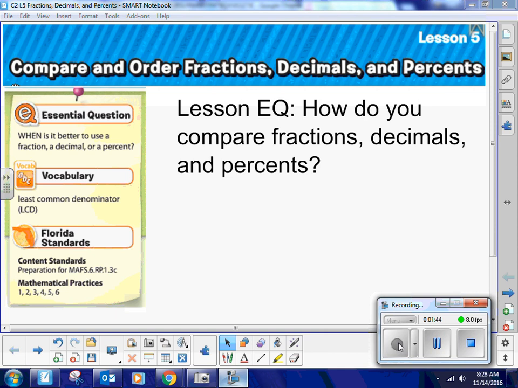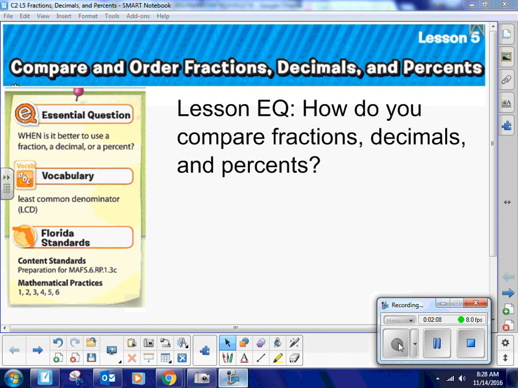Now, if you're comparing all these together, what I would suggest is that you change everything to decimals and compare everything from there. Okay, because changing things to fractions can be hard, and getting percents to a decimal is real easy, and changing fractions to decimals is very easy. So how do you compare fractions, decimals, and percents? You change them all to decimals if you're comparing different ones.